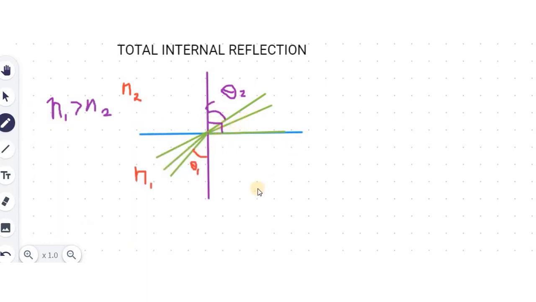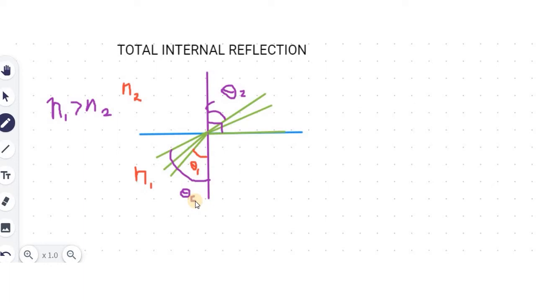So at a particular angle of incidence, and this is that angle of incidence, what is the name of that angle of incidence for which the refracted ray makes an angle 90 degree with the normal?